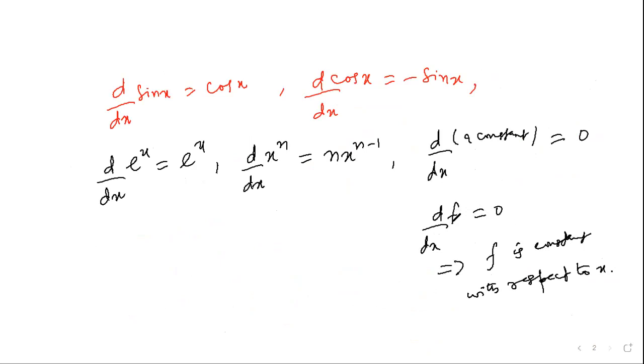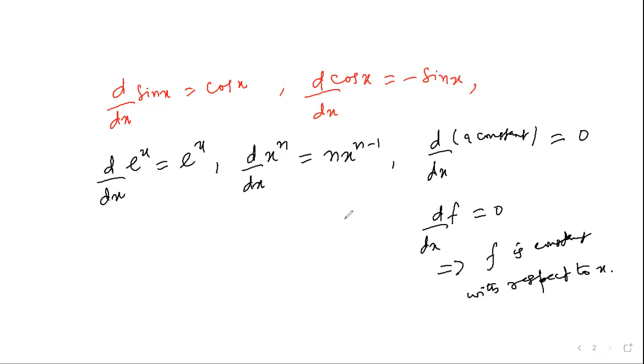If derivative of some function with respect to some variable, here we are taking that variable x, turns out to be 0, from that you conclude this function is constant with respect to that variable here x. That means this function is not going to change if I make any change in x, right?